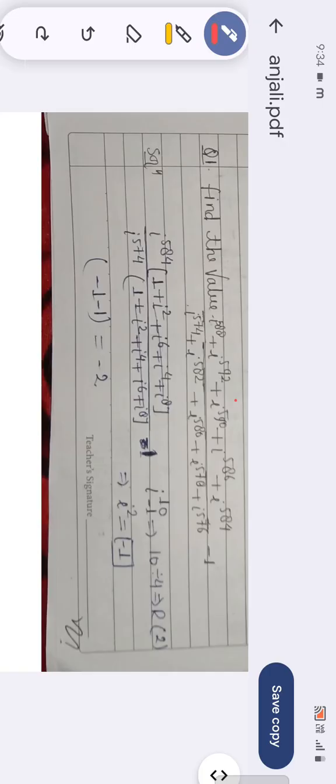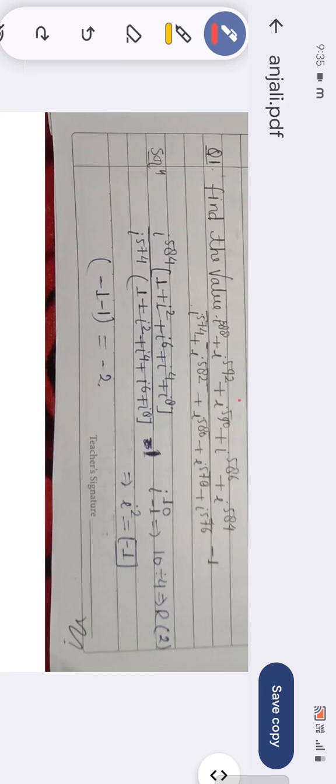And in the denominator, similarly, we can take iota to the power 574, and the remainder will be 1 plus iota square plus iota to the power 4 plus iota to the power 6 plus iota to the power 8 minus 1.